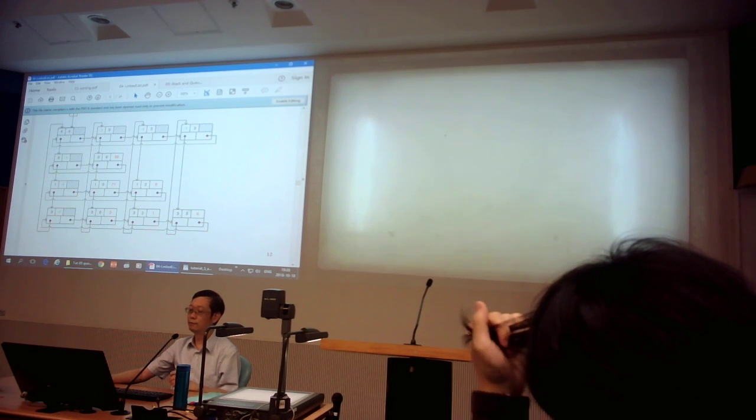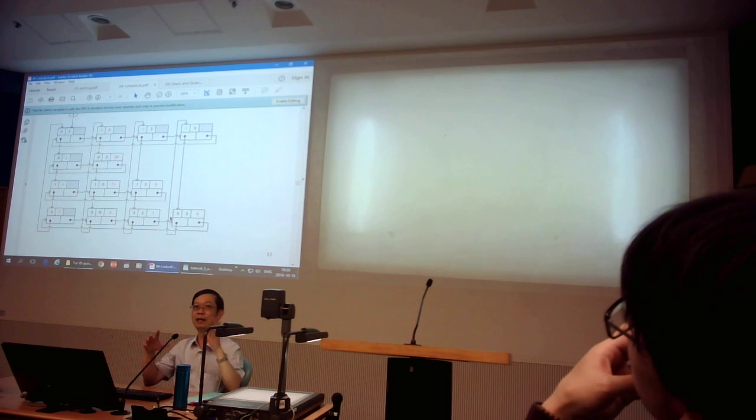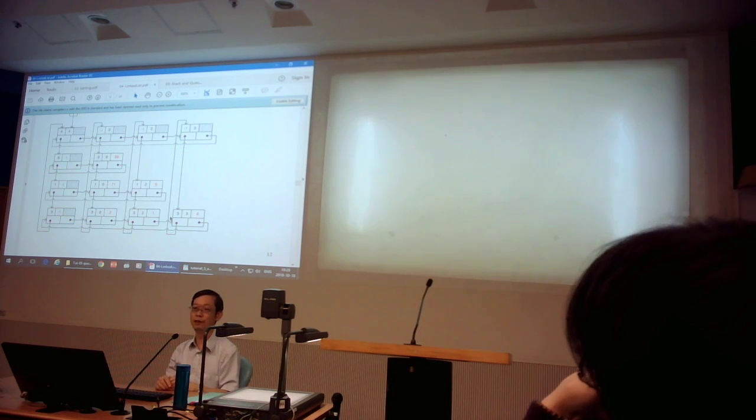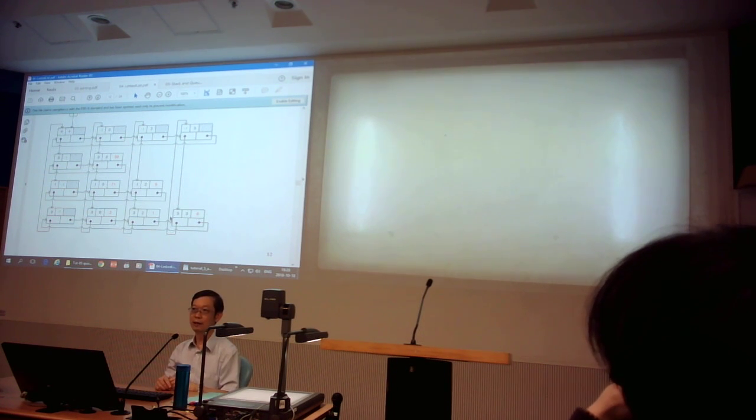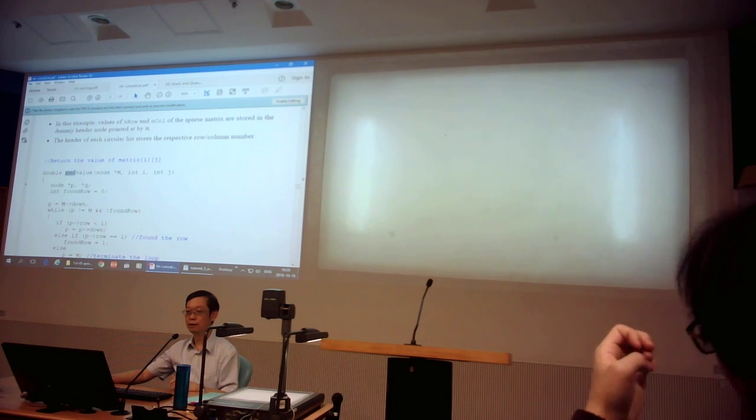Now we have the graphical structures of the data structures. Every time we have a representation, we need to design our programs to manipulate the data structures. Here I show you a simple example, the simple get function.